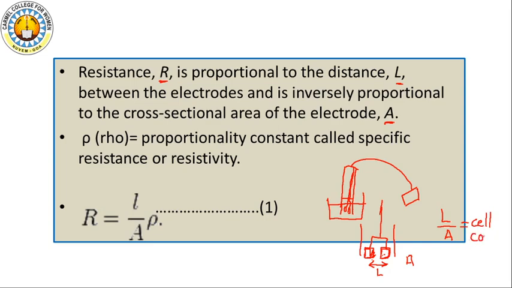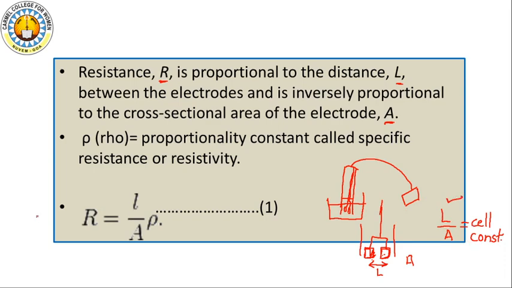The length between these two plates and the area of cross section of these two electrodes will always remain constant inside the cell. So for this particular cell, this value L upon A is always a constant, so it is called a cell constant.